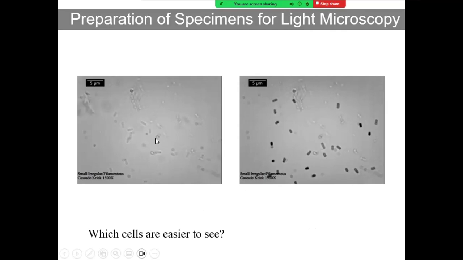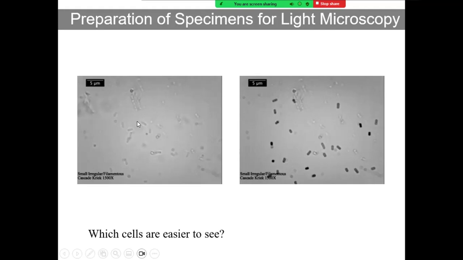The cells are essentially transparent. There is very little difference between the, what's the word I'm trying to say, contrast of the cell and the background of the slide, meaning the glass of the slide or the water that the cell might be in, if this is a wet mount.